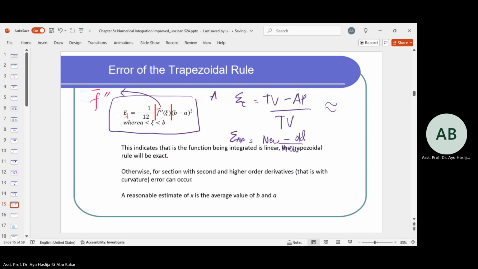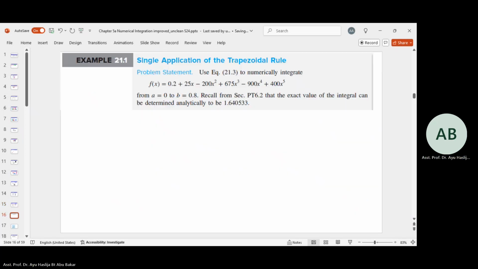Now, we try one example so that you understand how to apply the trapezoidal rule. Single application. Remember, this term means something. Single means n equals to 1.